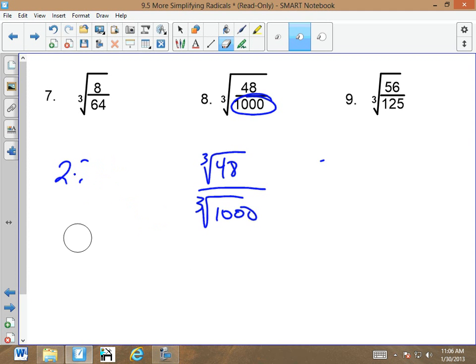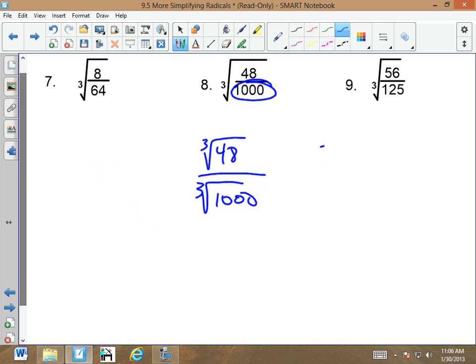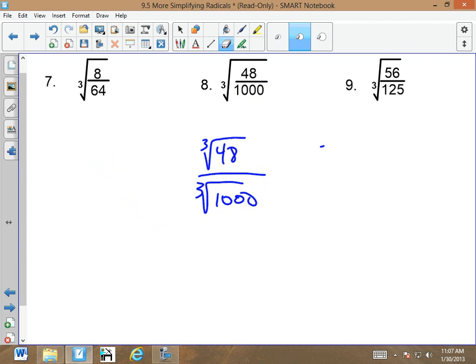But I will let you know, the cubed root of 1,000 is, anybody know what the cubed root of 1,000 equals? 10, because 10 times 10 is 100, times 10 is 1,000. So the cubed root of 1,000 is a perfect cube, it's 10. However, you solve this just like we showed you. Each number is in the cubed root.